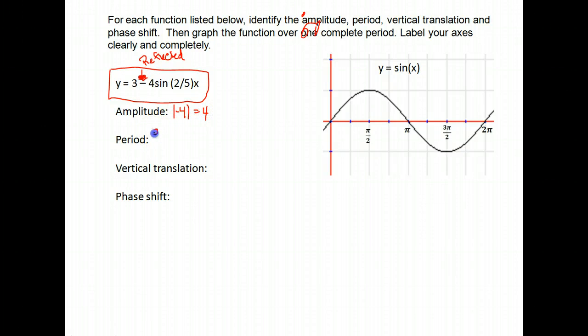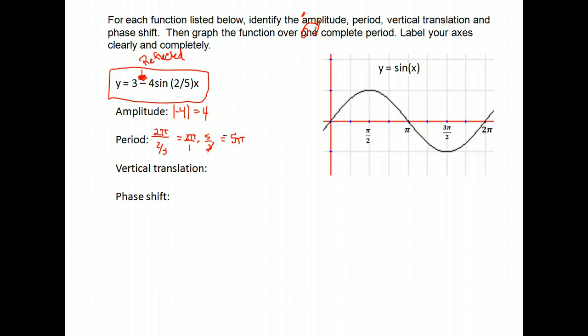The period, well, the normal period for sine is 2 pi, but notice we have something multiplied by the x. So to find our period, we divide by that number. Again, when you're dividing fractions, what you do is you flip that bottom one and you multiply. But what that does is my 2's cancel here, and I get 5 pi for my period.